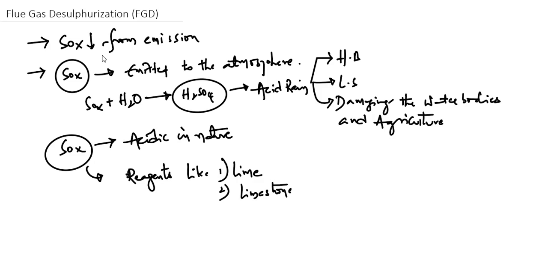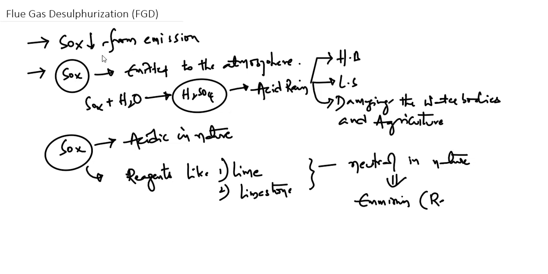When we mix this acidic compound with an alkaline compound, the resultant mixture will be neutral in nature. That means emissions that we get from the stack will contain reduced acidic properties.